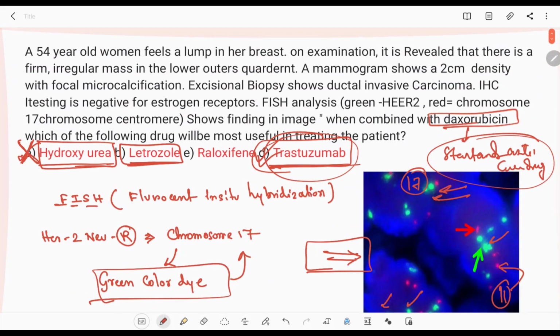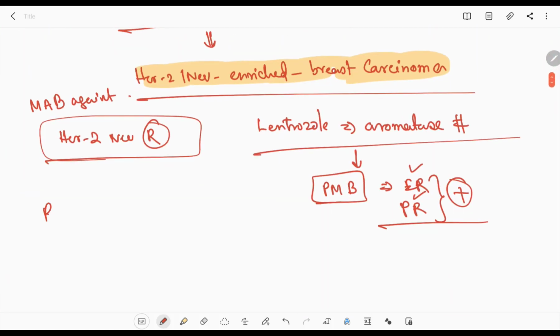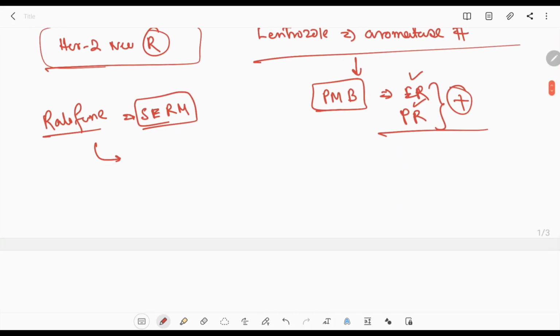Another option is raloxifene. Raloxifene is a selective estrogen receptor modulator, that is anti-estrogenic, so you can easily say it is used in estrogen receptor positive breast carcinoma.